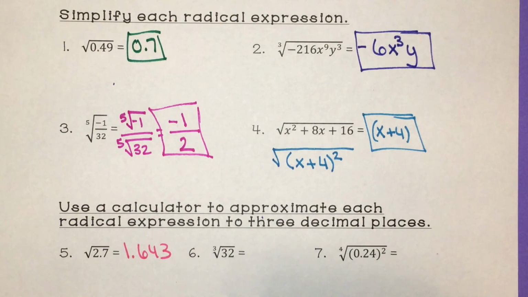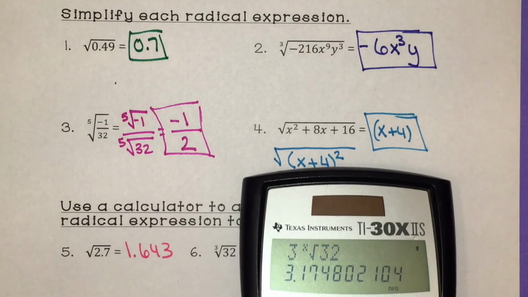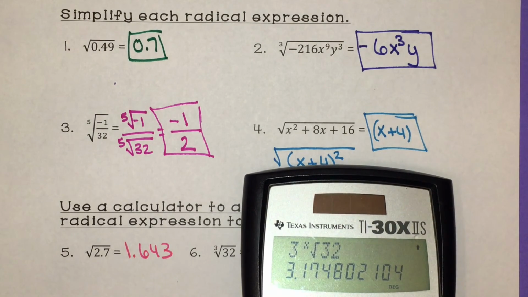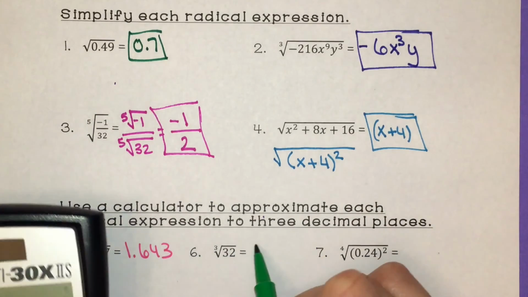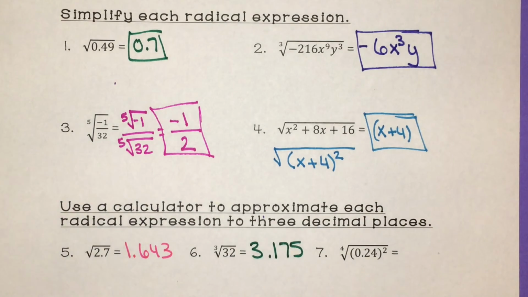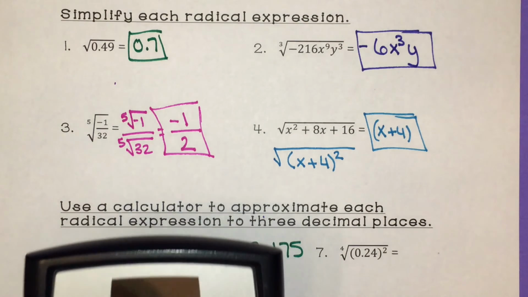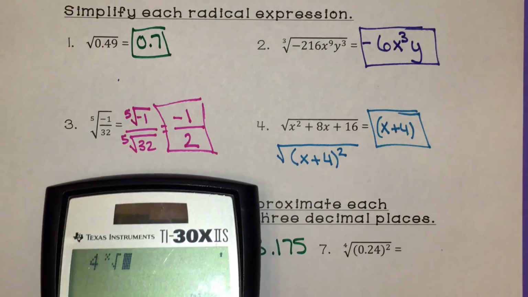To type in a 3, then the cube root of 32 is 3.175, because the 4 has to round up to a 5 because of the 8.